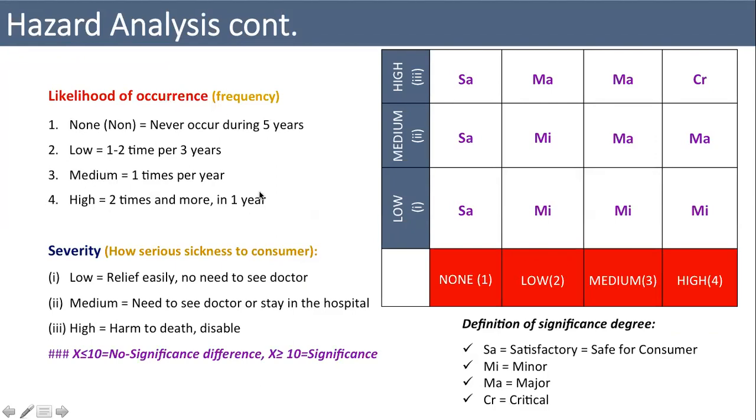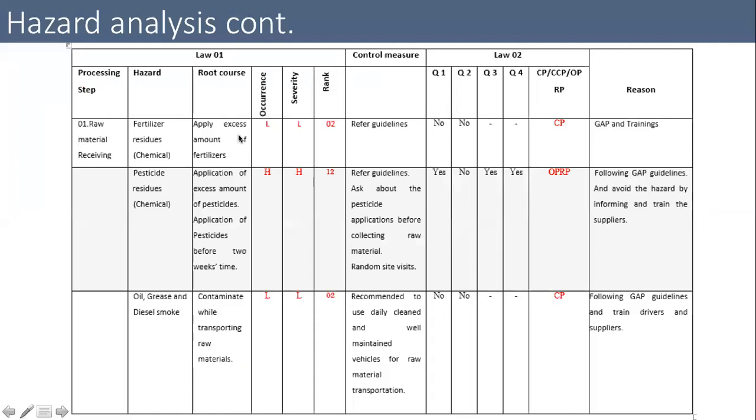It means he used fertilizers at least twice a year. Severity is also high. Pesticide means severity high. So the rank is 12. Rank 12 means it's a critical point.